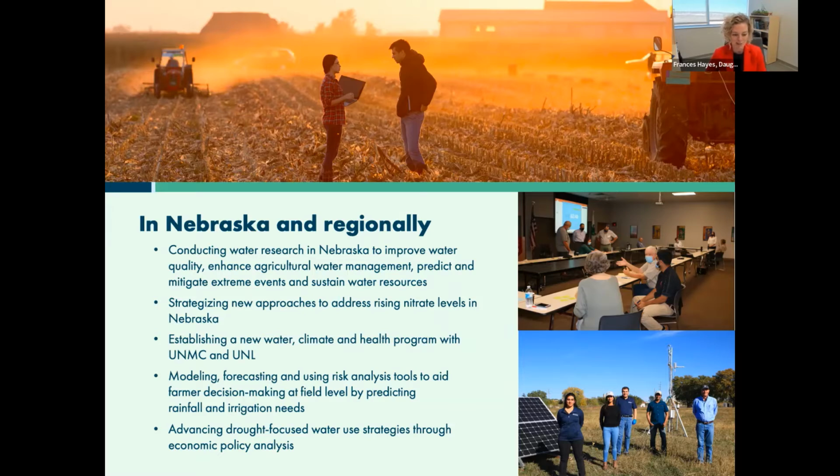So a lot of modeling and forecasting and risk analysis and things that are a little bit in the nitty gritty, but our goal is to help farmers make good decisions, be profitable and have a good livelihood.